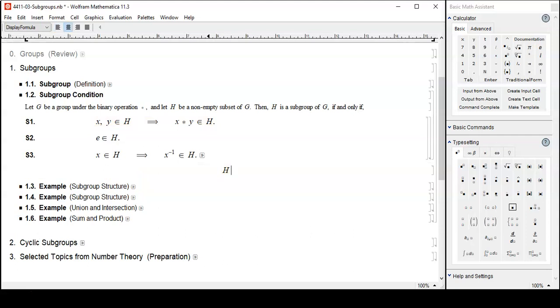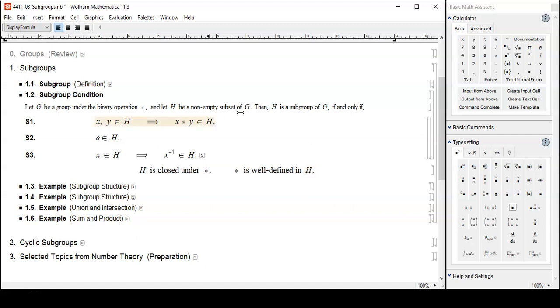So H is closed under this operation. Equivalently speaking, this operation is well defined in H.